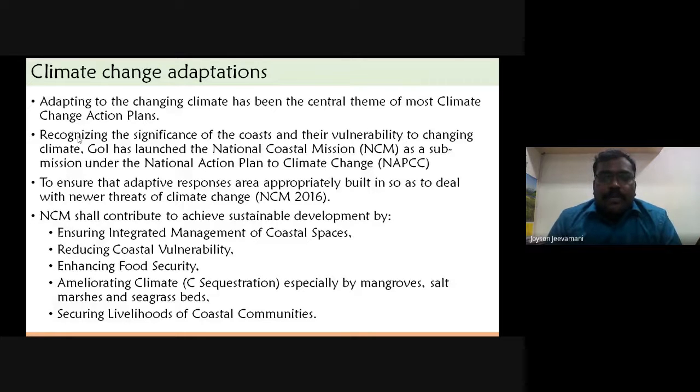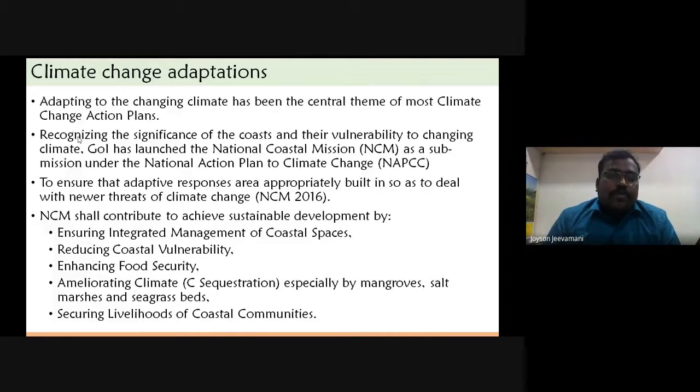Under this mission, they wish to ensure that adaptive responses are built appropriately so that the new threats of climate change are dealt with. They have different objectives, in which the coast should be preserved as well as sustainably utilized.